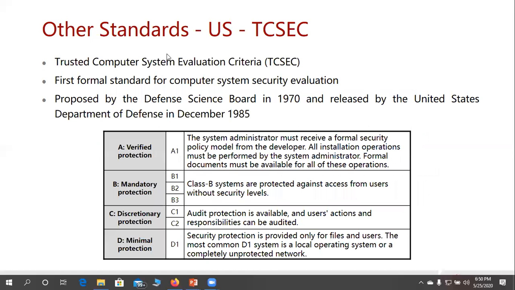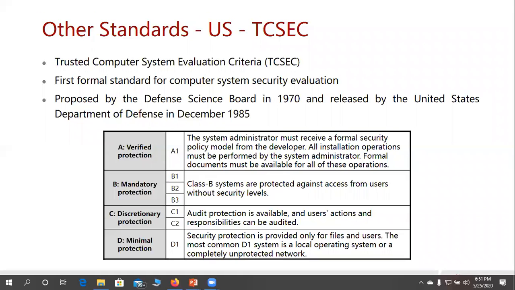Other standards that are there: we have the Trusted Computer System Evaluation Criteria. This is in the US. You can see it has A, which is known as verified protection, and then B, mandatory protection. With mandatory protection here, security is graded into what we call security levels.